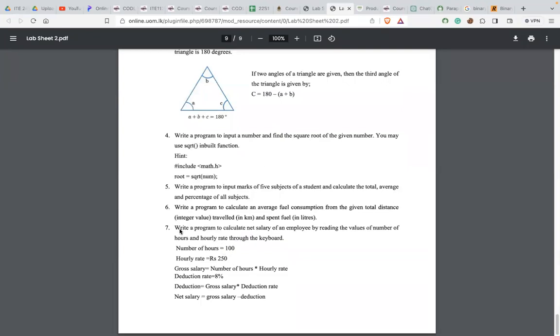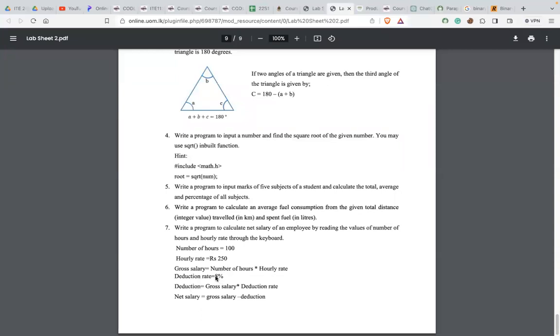Questions number 6 and 7 also, I think you guys can manage. Question number 7 asks you to calculate the salary. A sample salary calculation is given. Suppose the input is 100 for the number of hours and the user inputs 250 for the hourly rate. The gross salary can be calculated by the number of hours multiplied by the hourly rate.